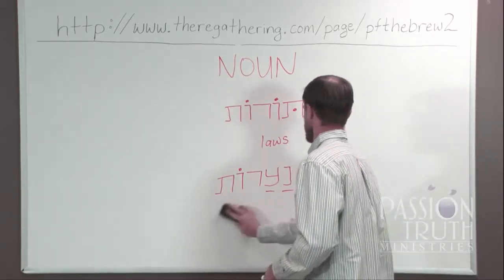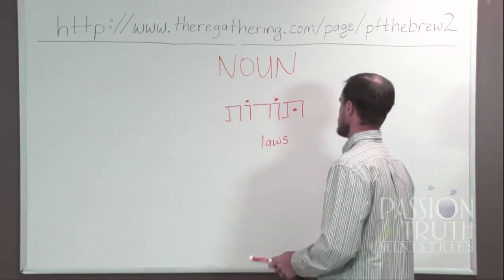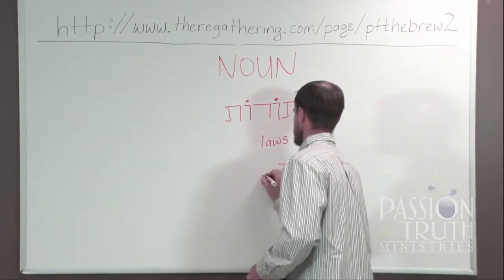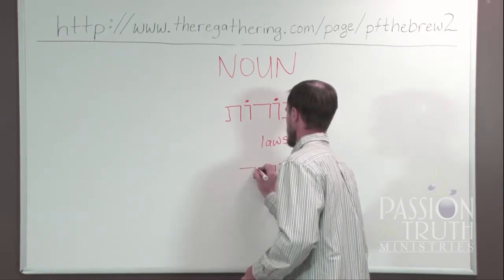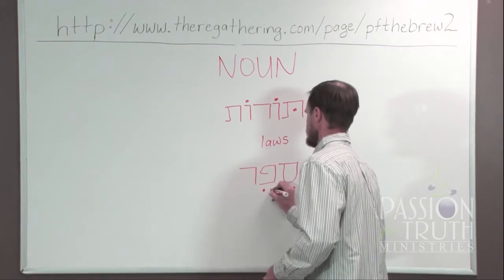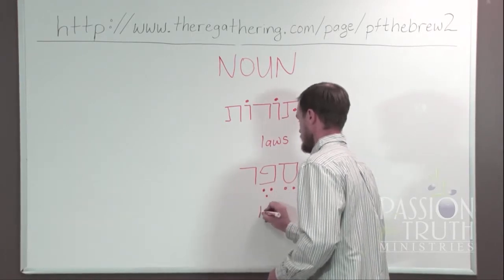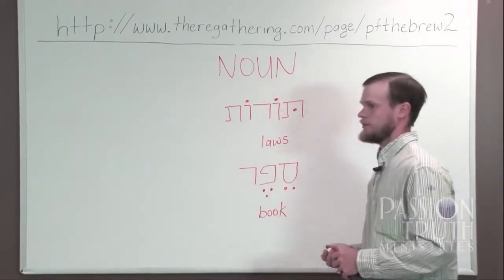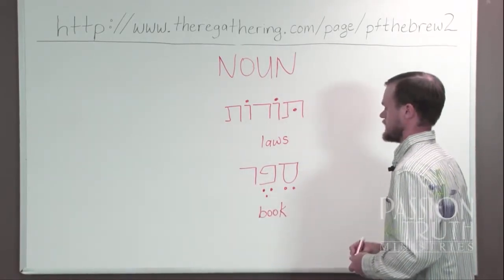About safer. Safer is a book. It is masculine. It's a masculine noun. So how would we go about making safer plural?